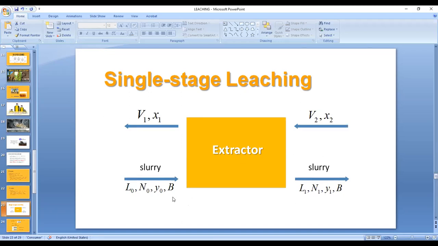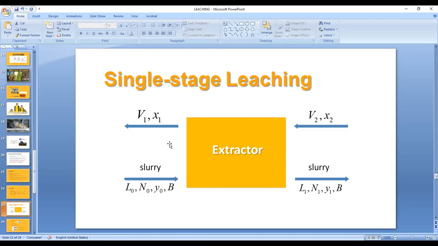It has another concentration added to the X and Y, and that's the N. We will define it later. It has something to do with the inert solid B. Okay, and we have the B, which is of course the inert solid. Now, leaching has something in common with extraction. It's the ABC from a while ago.